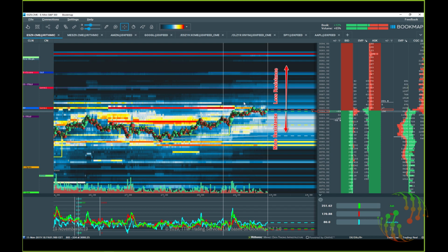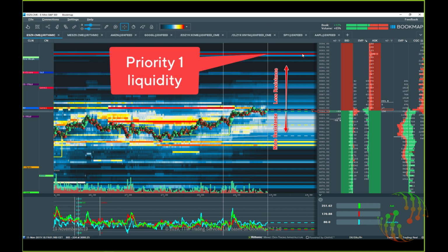Answer your question also for other colleagues who are listening or who will listen maybe to this seminar, that we can sort the liquidity in different hierarchies. That means we can give them some priorities. The highest priority has this one, the dark, with the highest volume.